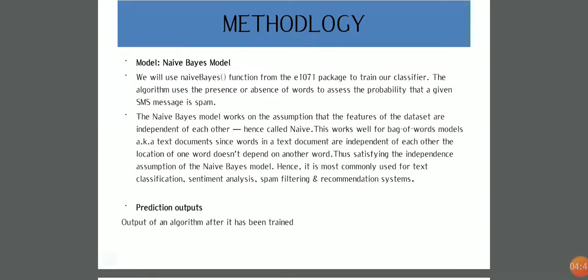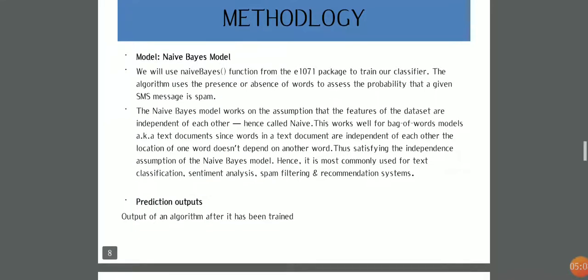The method used is the Naive Bayes method. We will use the Naive Bayes function from the e1071 package to train our classifier. The algorithm uses the presence or absence of words to assess the probability that a given SMS message is spam. The Naive Bayes model works on the assumption that the features of the datasets are independent of each other, hence called naive.